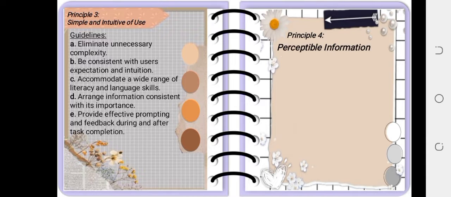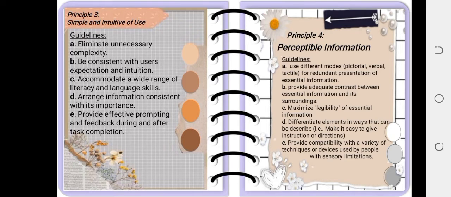Principle 4, perceptible information. The design communicates necessary information effectively to the users, regardless of the ambient condition or the user's sensory abilities. Guidelines: use different modes, pictorial, verbal, or tactile, for redundant presentation of essential information; provide adequate contrast between essential information and its surroundings; maximize legibility of essential information; differentiate elements in ways that can be described, for example, make it easy to give instructions or directions; provide compatibility with a variety of techniques or devices used by people with sensory limitations.